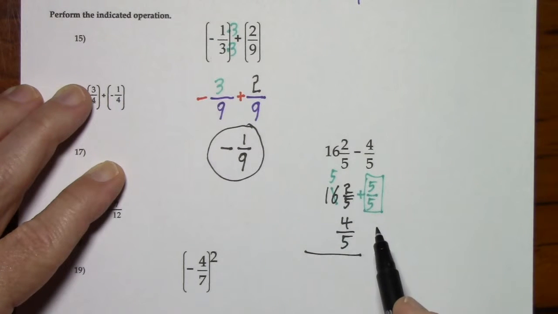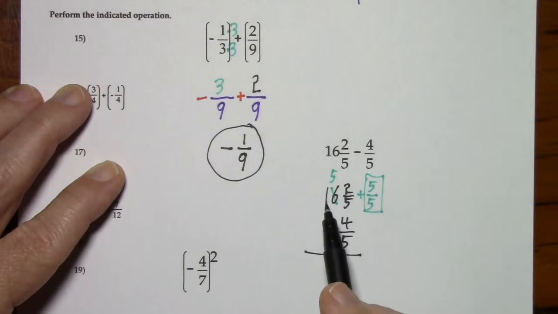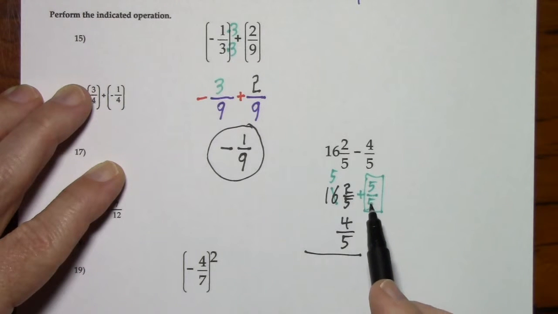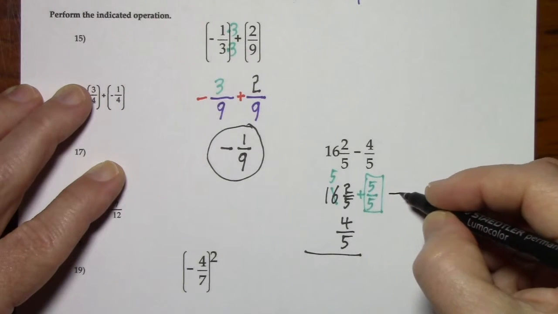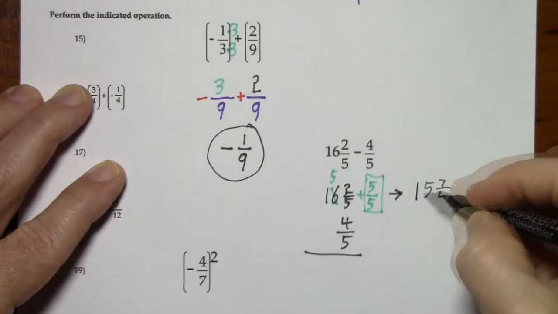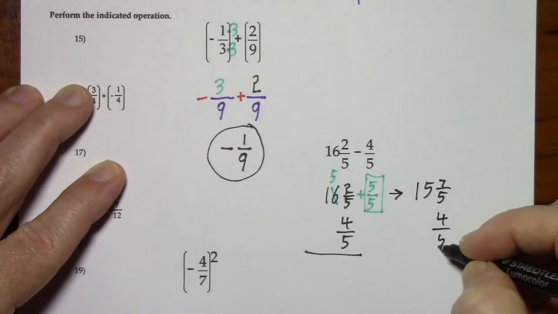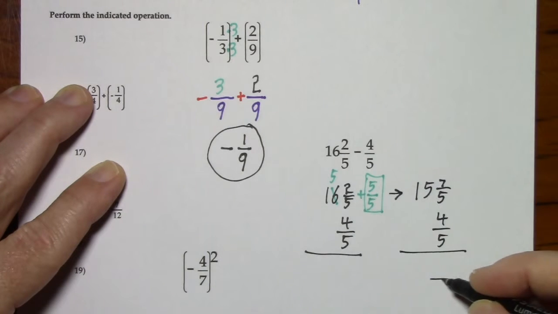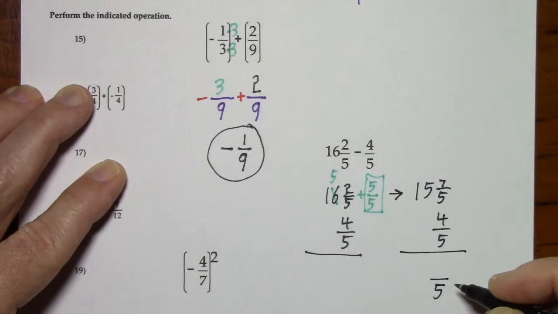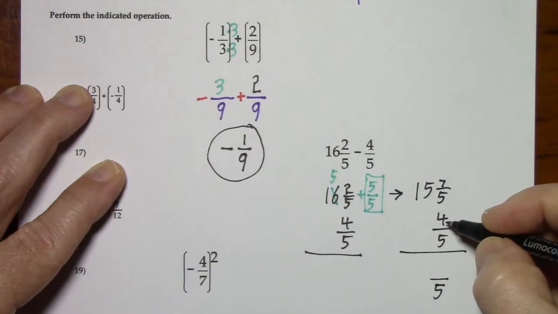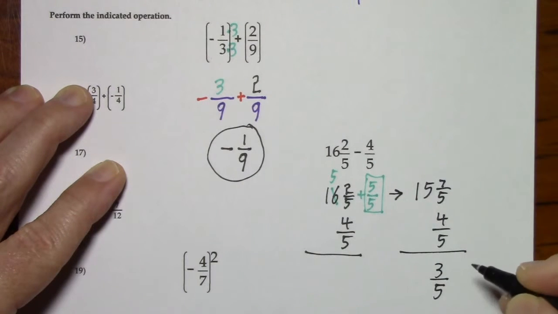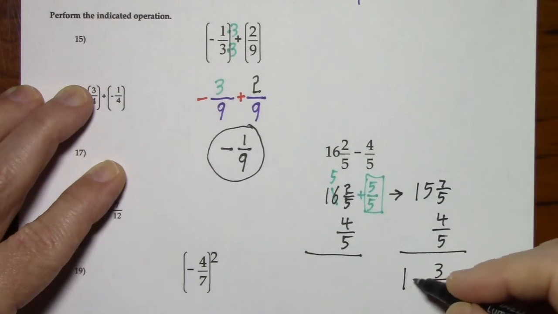This is a lot to look at, so I'm going to write it as 15 7/5 over 4/5. The denominator is 5. 4 from 7 leaves us with 3, and the 15 drops down.